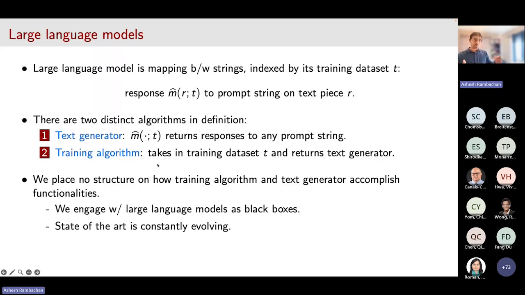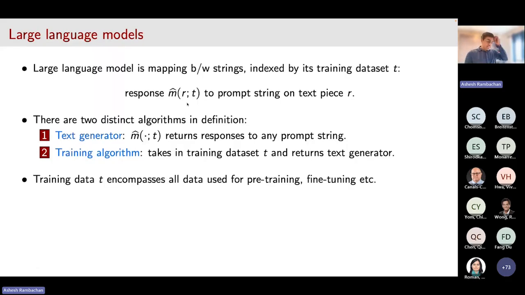And then we're also going to push in the back the actual training procedures used to produce this mapping, whether that's next token prediction, instruction tuning, RLHF on the back end, or more modern things like chain of thought reasoning over the last 2 years. For us, that doesn't matter. All that it produces is some m hat that produces responses when we prompt them.